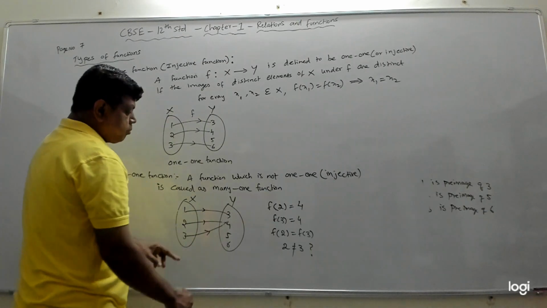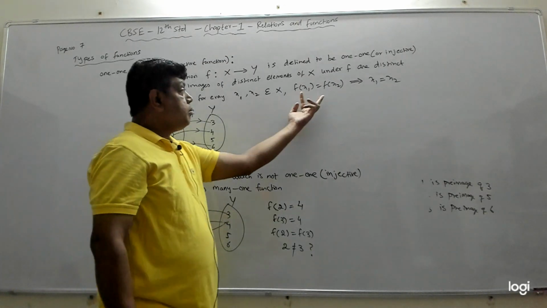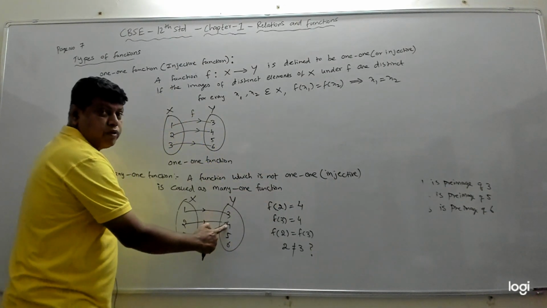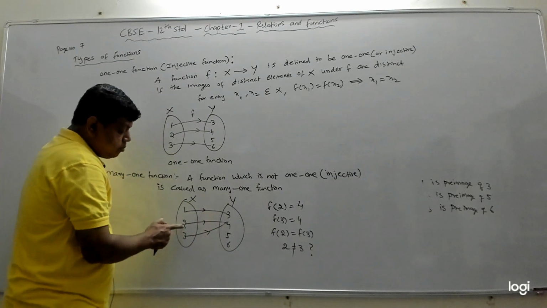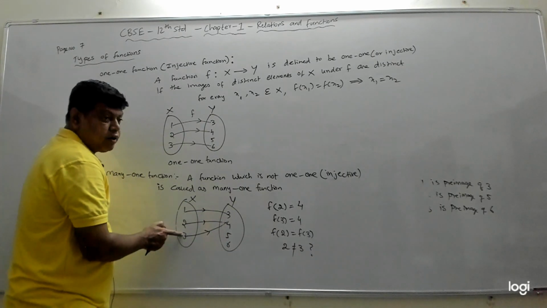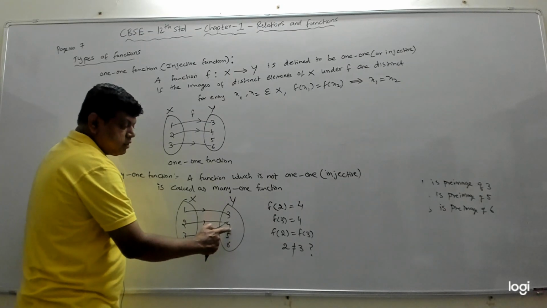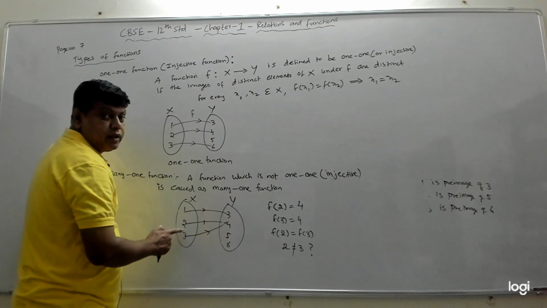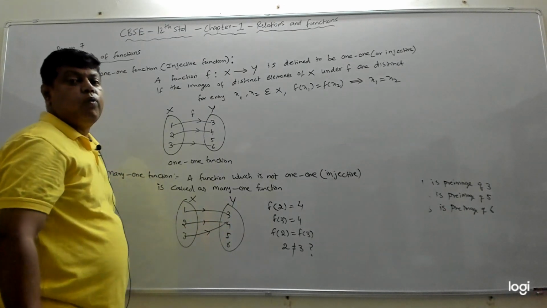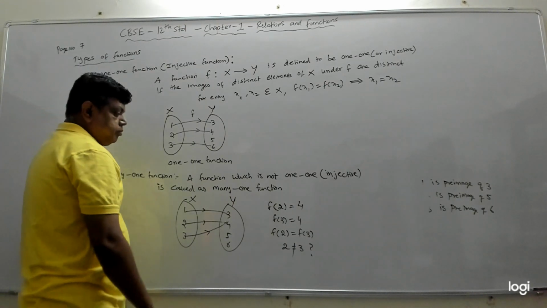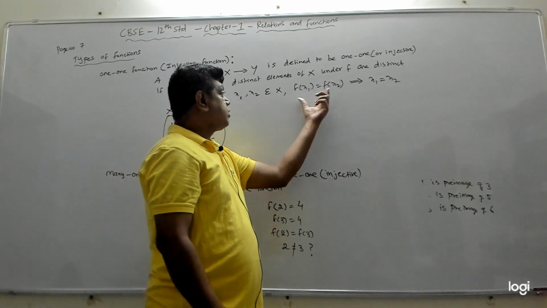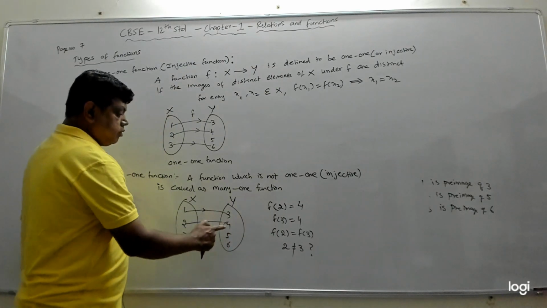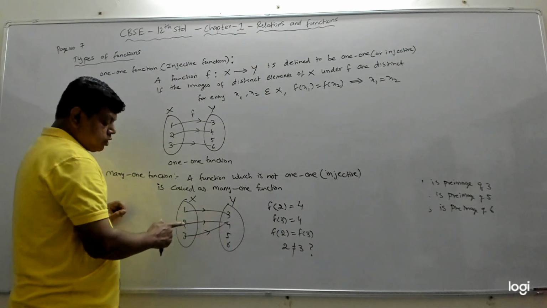So that is the meaning of this. If the image is the same, 4 is the same, then the pre-image also should be the same, but the pre-image is different. If one image has 2 pre-images, then it is not a one to one function. So the meaning is: if f of x1 equals f of x2, then x1 should be equal to x2.